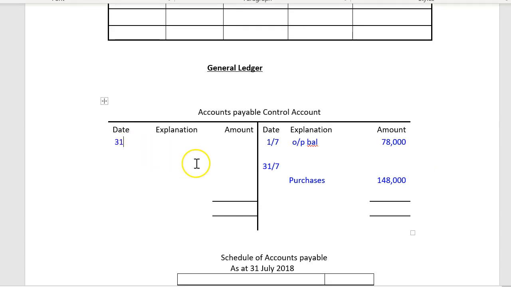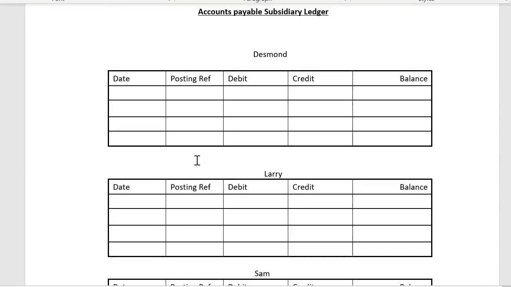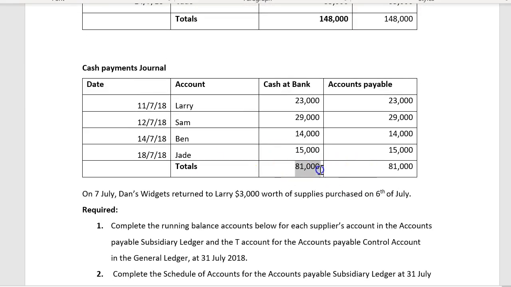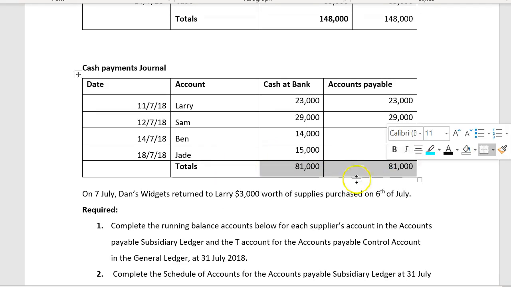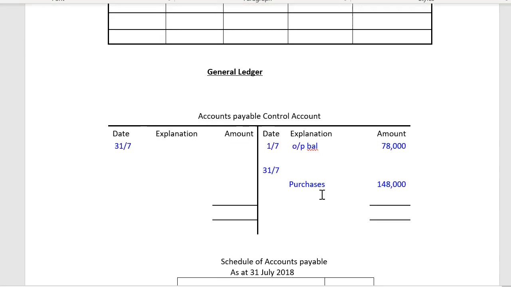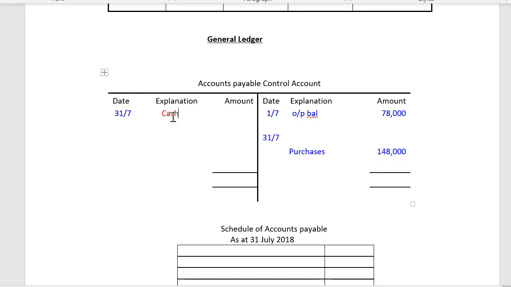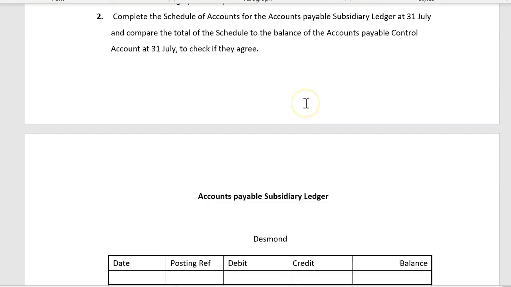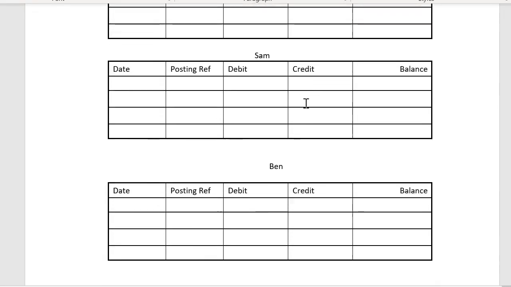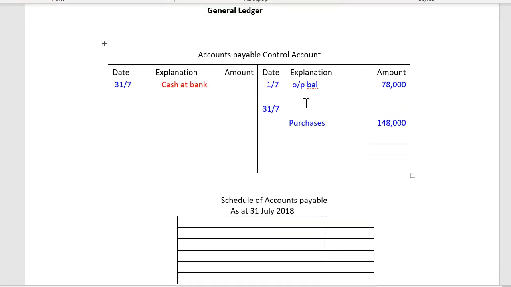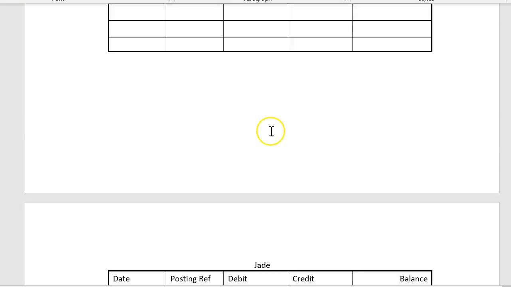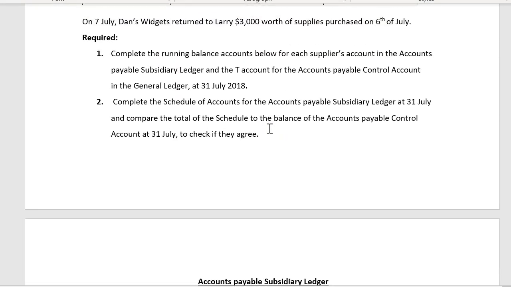Okay. And then we check for cash payments. We need to work out total cash payments. They made $81,000. They paid $81,000 to their suppliers. So you record these on the debit side of accounts payable. We have cash at bank, $81,000. Then we look for any purchase returns.